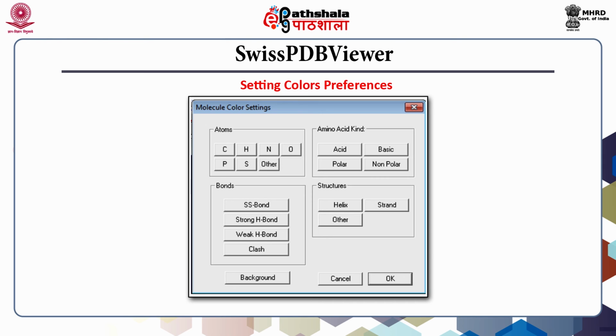For polar side chains, set the color yellow, and for hydrophobic side chains and aromatic side chains, set the color as gray. In addition, in this dialog box, the user can set the colors for displaying bonds, and structures as helices, strands, and loops. This dialog box also allows setting the color for the background. After setting the colors in this dialog box, click OK.